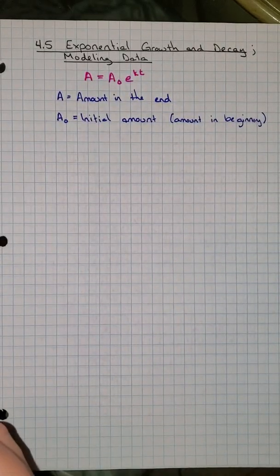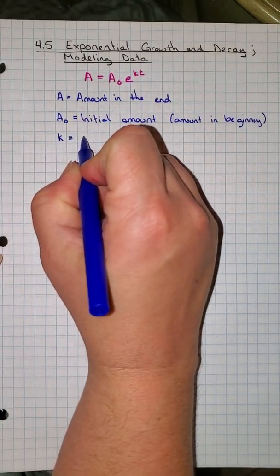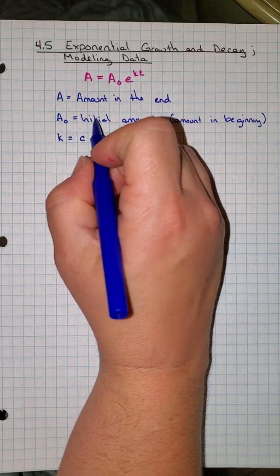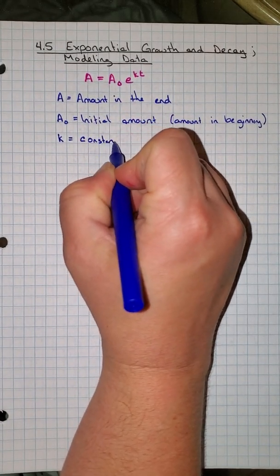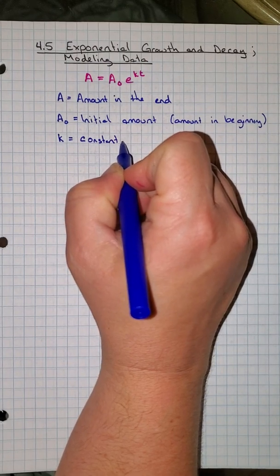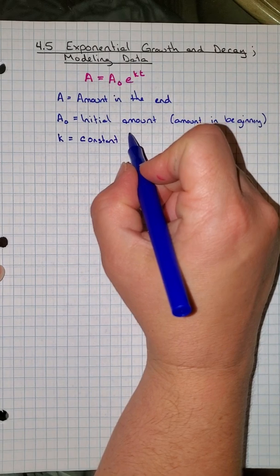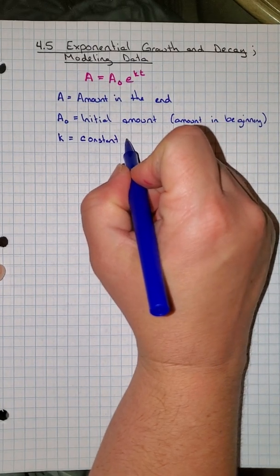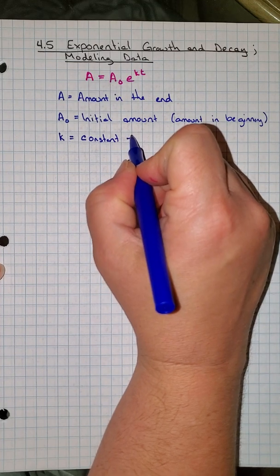And then e is e. k is your constant, or the variable of growth, I guess, or constant for growth.